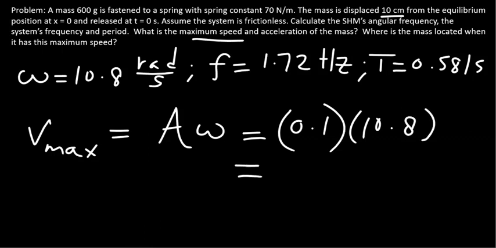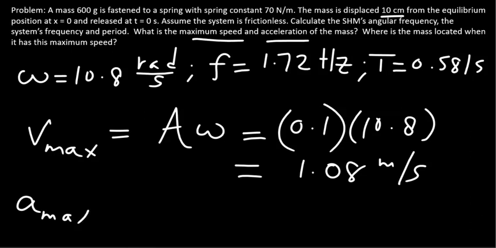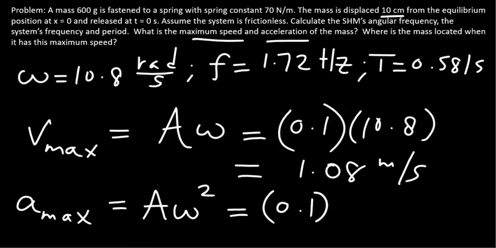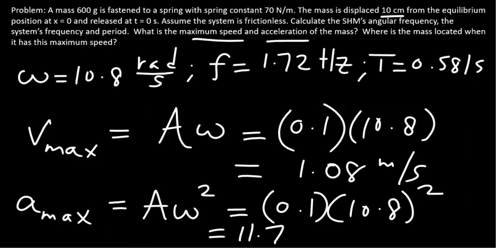So that means the maximum speed is 1.08 meter per second. Now the maximum acceleration. The maximum acceleration is given by amplitude times the square of the angular frequency. We are computing the magnitude of the maximum acceleration. So again, the amplitude is 0.1. Omega is 10.8. Square that, which gives about 11.7 meter per second squared.